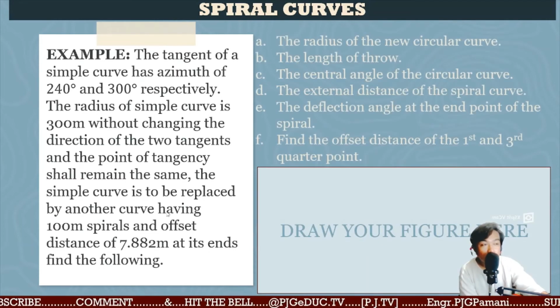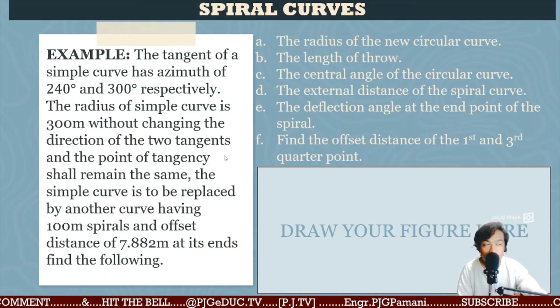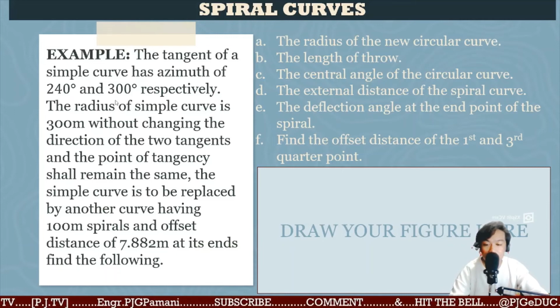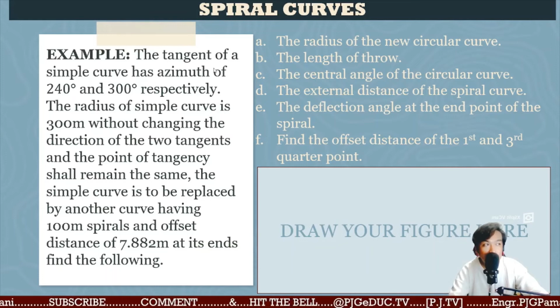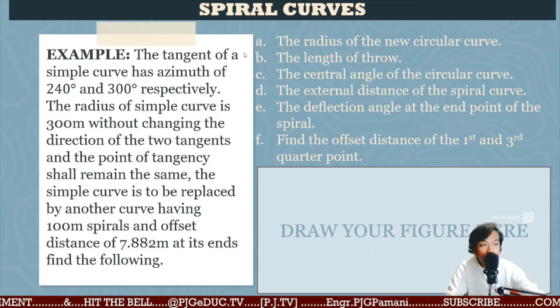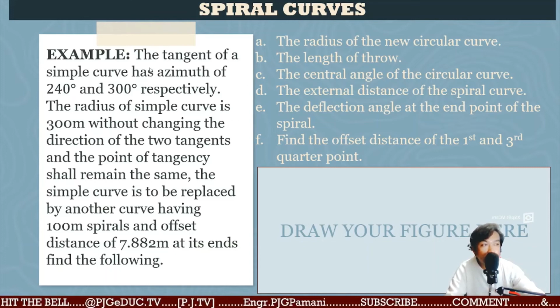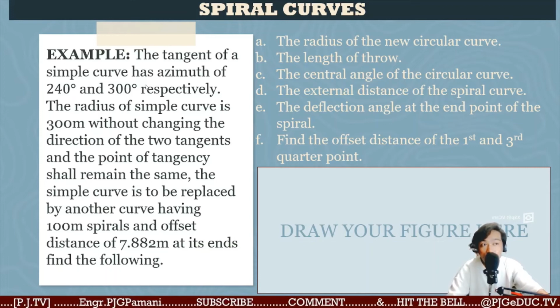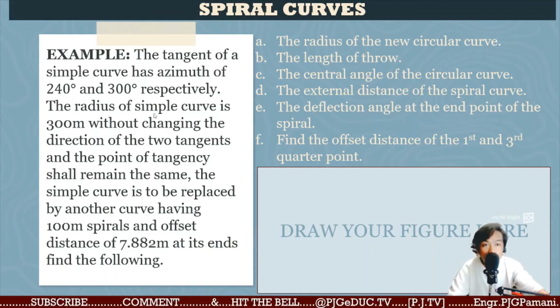Now, for the meantime, try to answer this given problem on your own. Then I'll be sending the lecture later on answering this problem regarding spiral curve, using spiral curve analysis. The tangents of a simple curve have azimuths of 240 degrees and 300 degrees respectively.